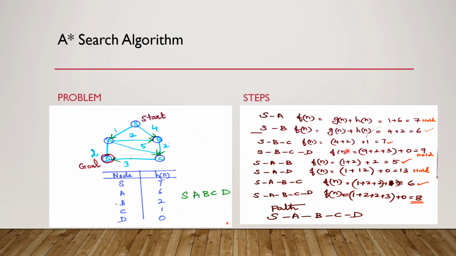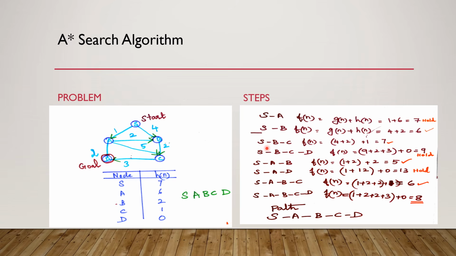So 4 plus 2 plus 1 equal to 7. Here we already have S to A, 1 plus 6, this 7 is one of the values. These two values are similar, so any one path we can take and expand first.